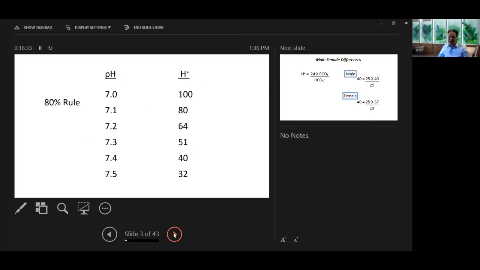Now, as I said, the clinical lab measures the pH, which is the negative log of the hydrogen ion concentration. And it does that because thermodynamically, the negative log of the hydrogen ion concentration is more important than the hydrogen ion concentration. That's why it evolved.